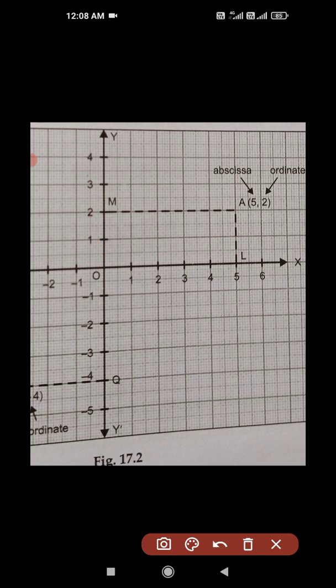After tracing these two, they meet at this place, and this is the location of point A.